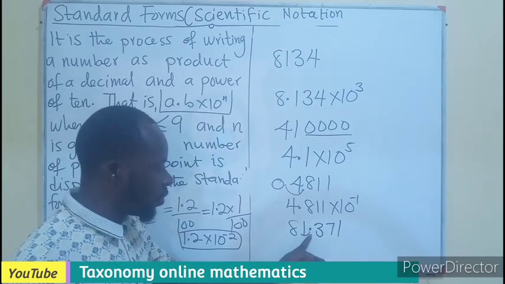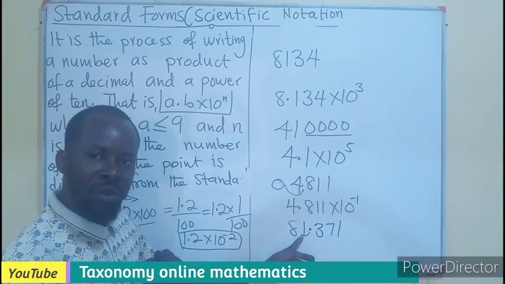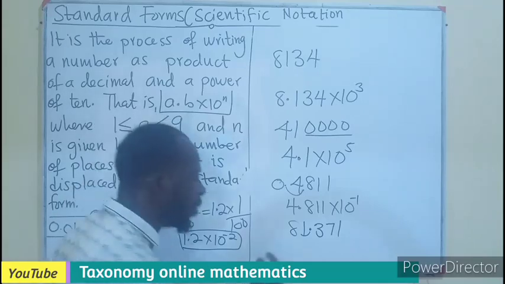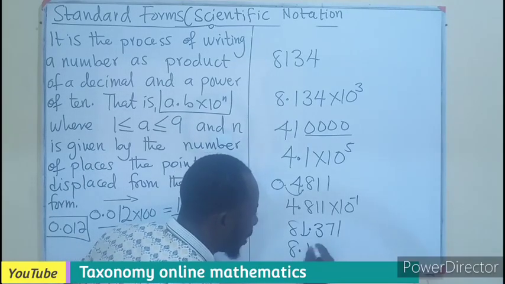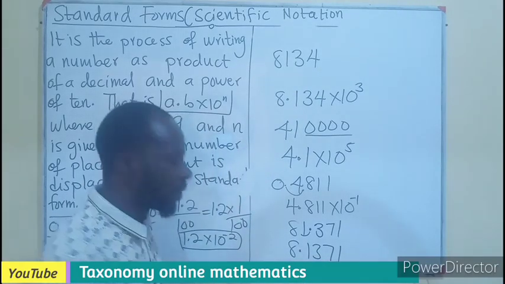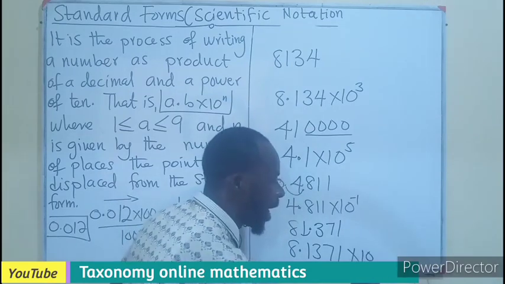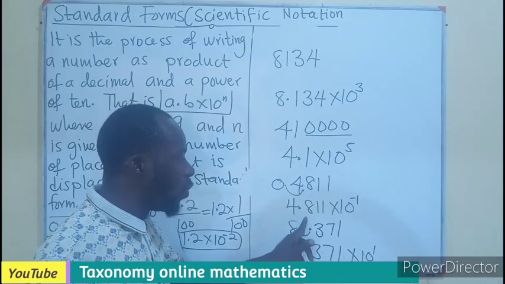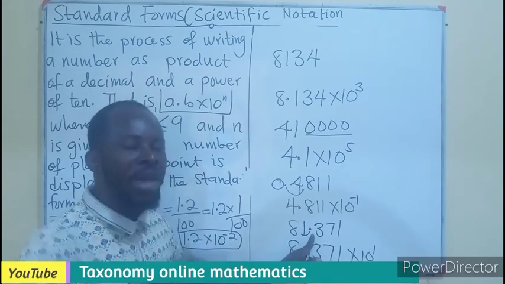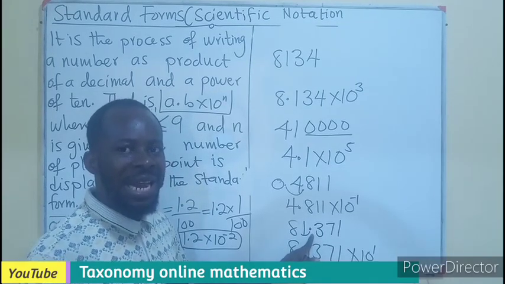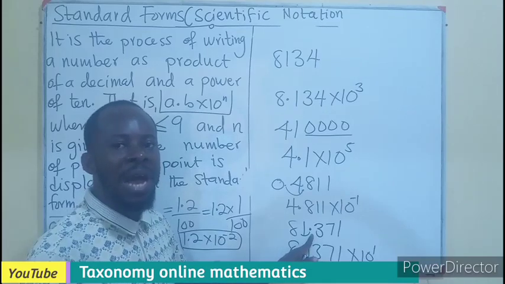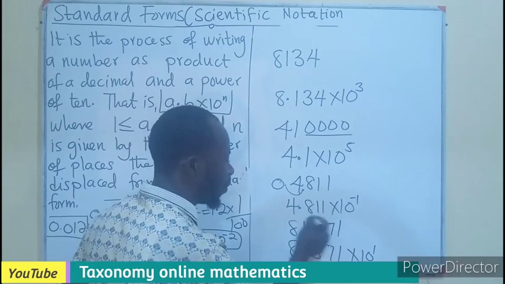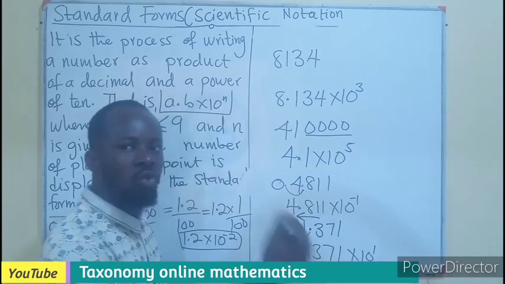So if a number is moving from right to left, do we have a positive number as an exponent or negative? This is going to be 8.1371 times 10 exponent positive 1, because even though we have already a decimal point here, that does not make this number have a negative power, because the point is moving from right to left.